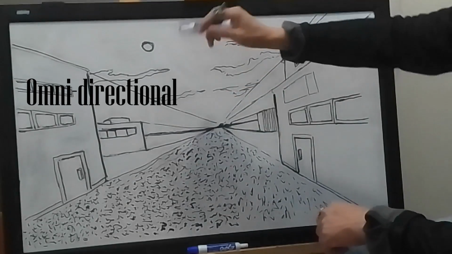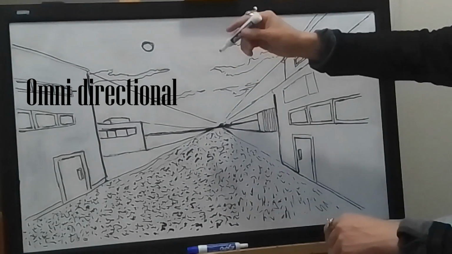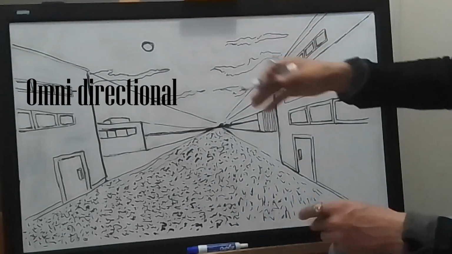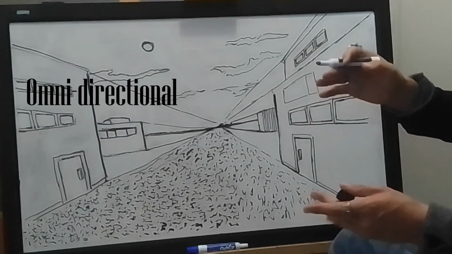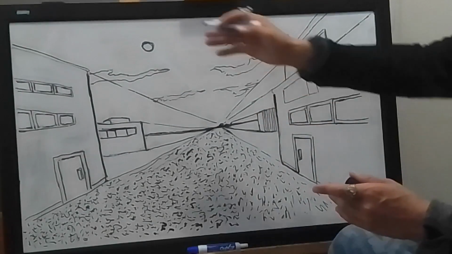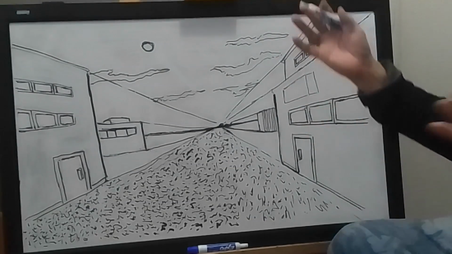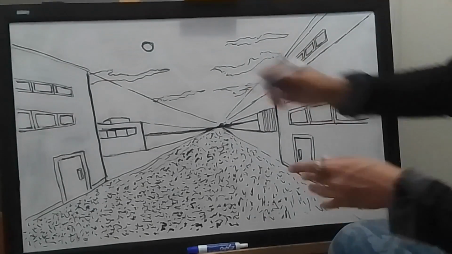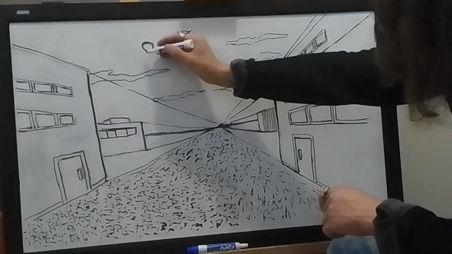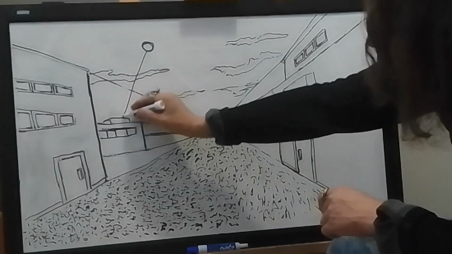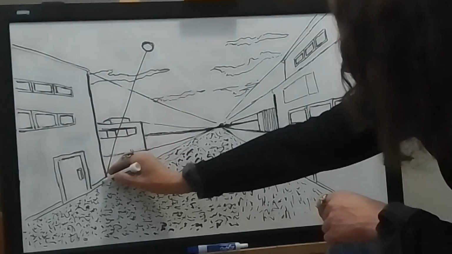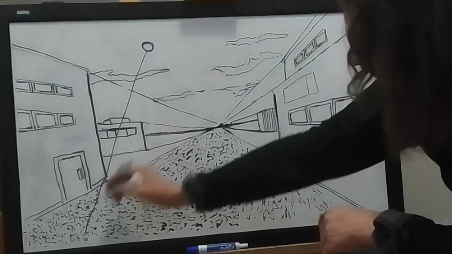So this is an omnidirectional light source, right? There are light sources that are going to emit in different ways, different directions. But since it's a sphere and it emits light in every direction, then you can really plot how it's going to hit these buildings, say, like that.